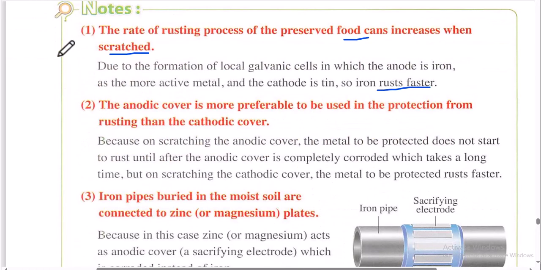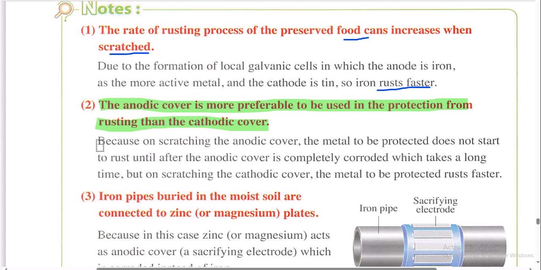Anodic cover is more preferable than cathodic cover in protection from rusting. Why? Because on scratching an anodic cover, the cover, which is more active than the main metal, starts to be oxidized and corroded first.